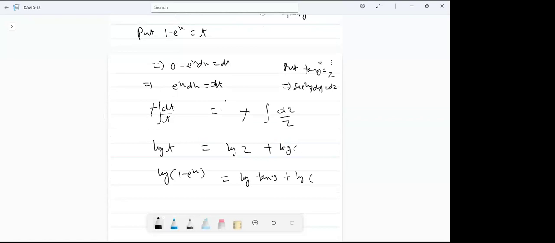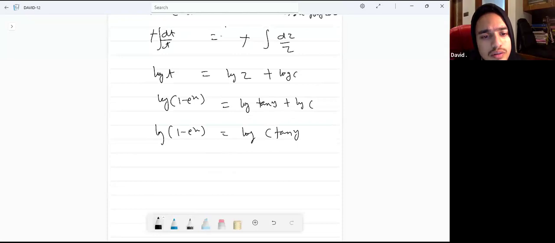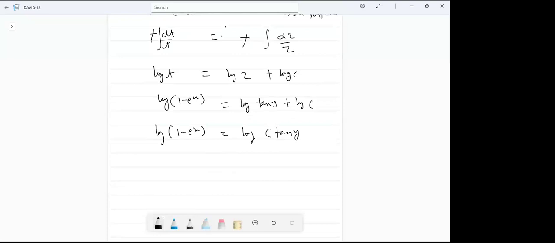So we have log of 1 minus e to the power x equals to log of c tan y, using the log property. Do you understand, David? Yes, sir. Okay. So removing log from both sides, we have 1 minus e to the power x equals to c tan y. This could be the simplest answer.